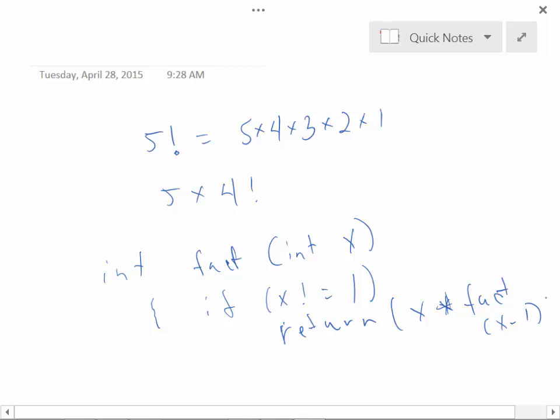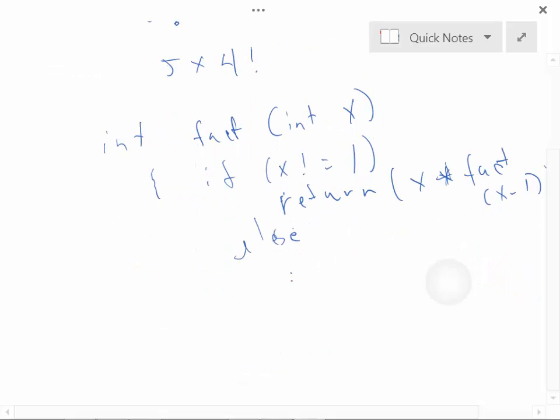Else, return 1. So I've written a very simple routine to calculate the factorial of x.